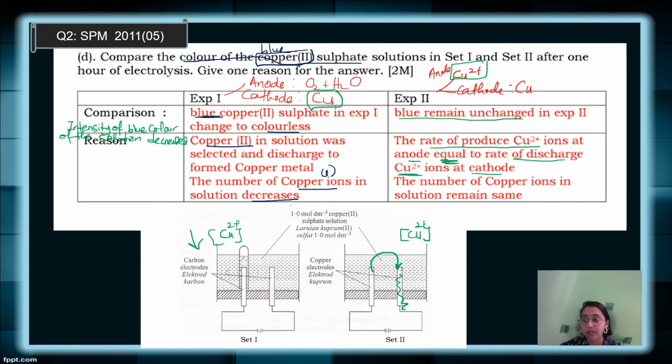So this causes the copper 2 ions concentration in the solution remains same. So that's the reason why there's no changes on the color. The darkness or the lightness are the same before and after.